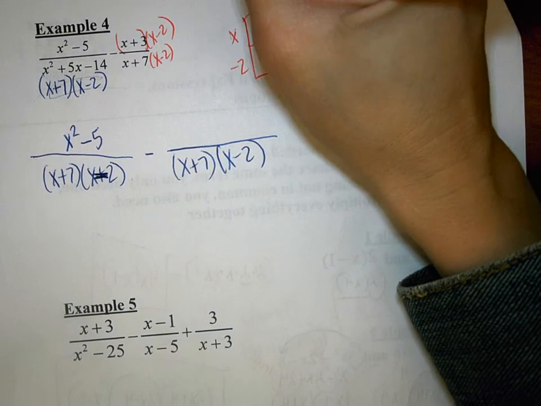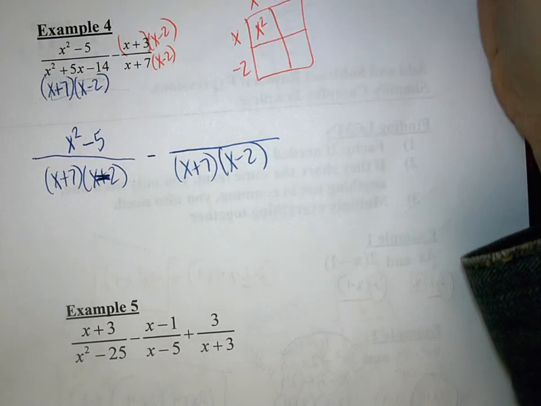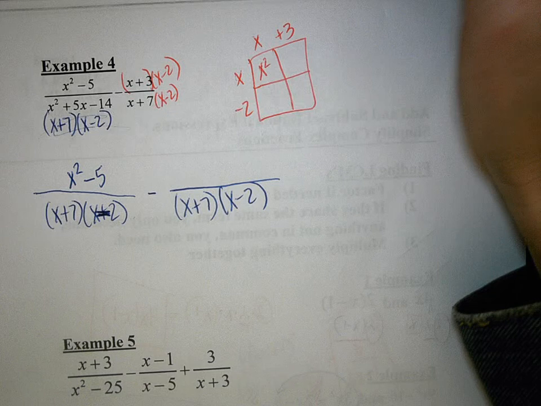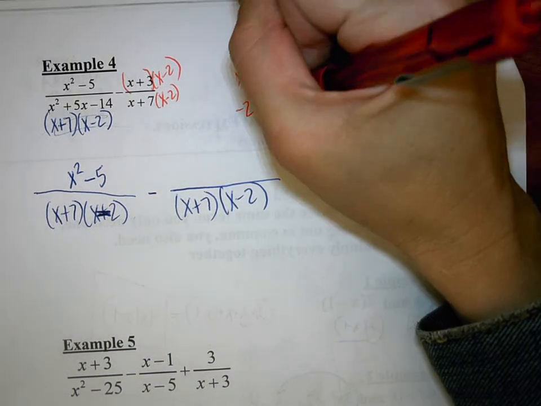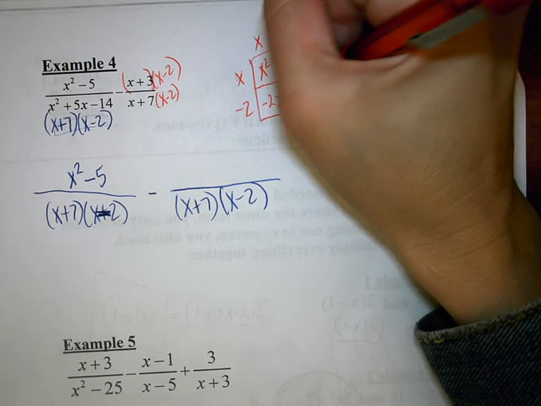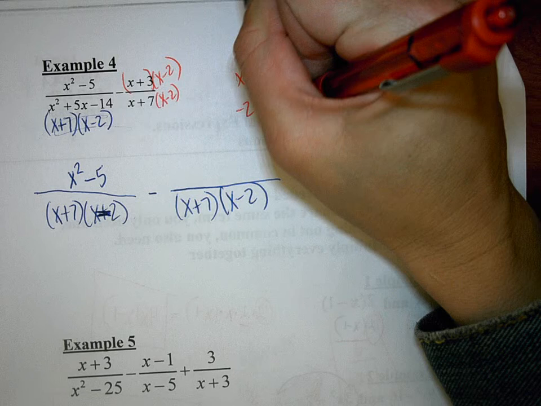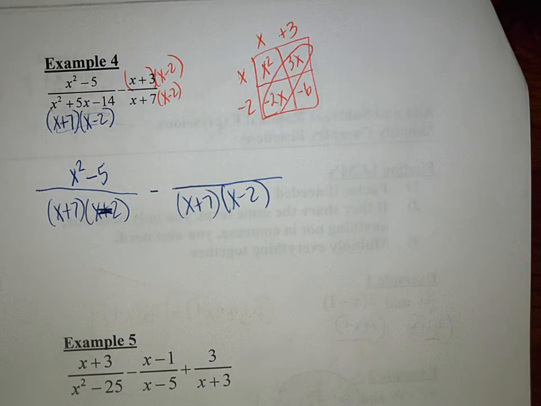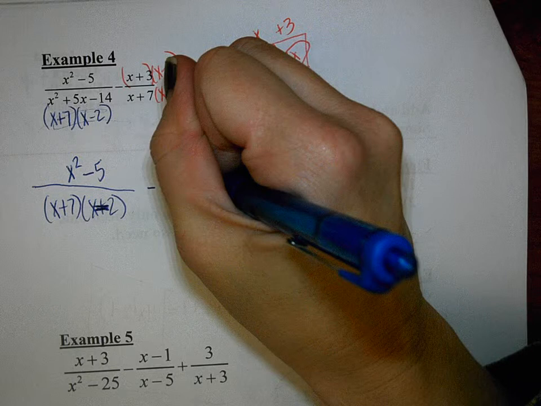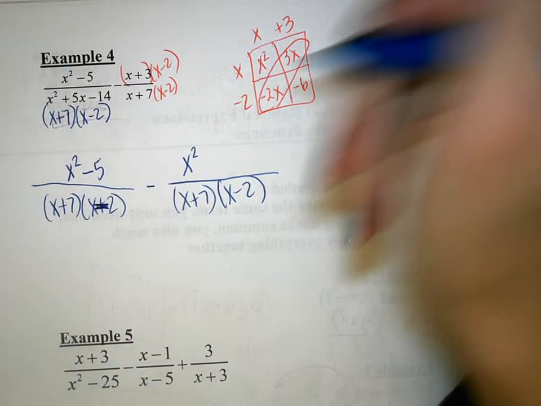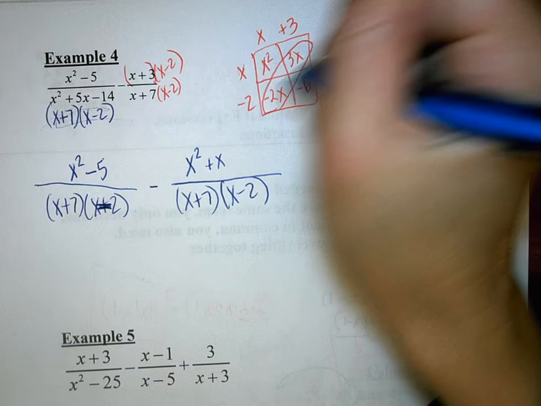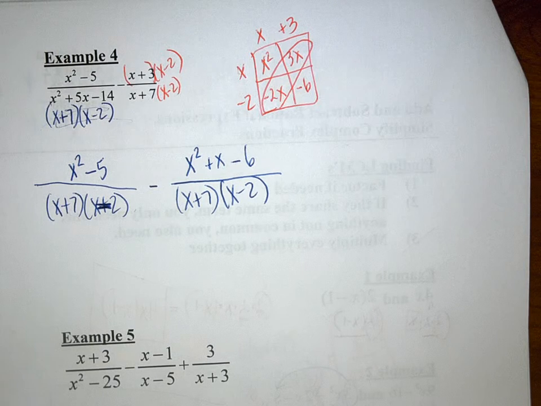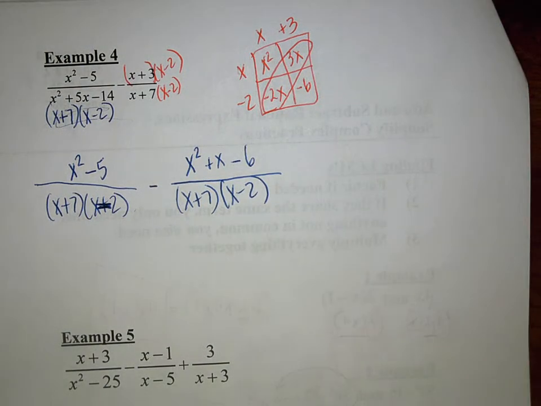We get x squared, 3x, negative 2x, and a negative 6. So that ends up becoming x squared plus x minus 6. Positive 3, negative 2. All right.